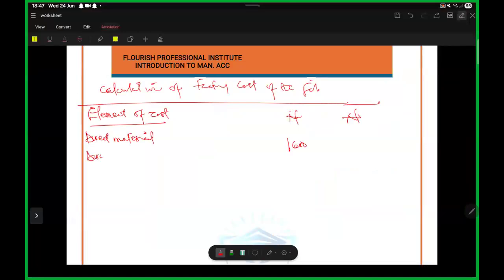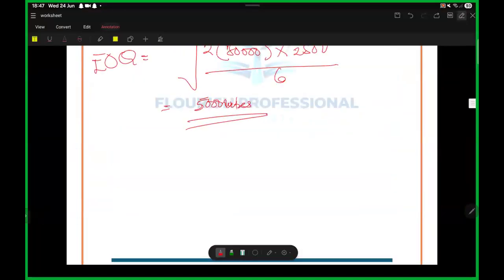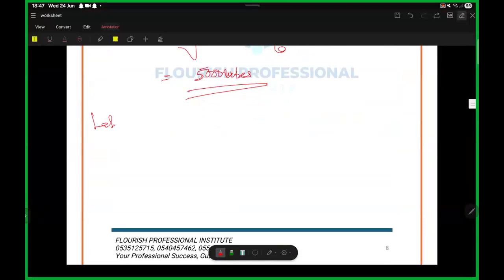Then we come to computation of the direct labor cost. Labor cost was not given to us, so we have to compute it. The labor cost here is going to be, one, the basic wage.